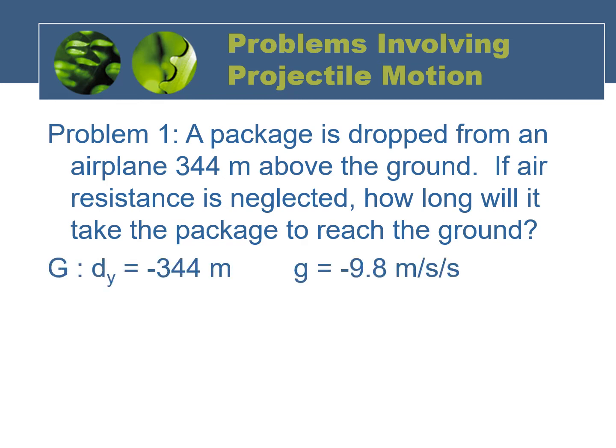The given are the vertical displacement, negative 344 meters since the package is falling down. Then the acceleration is negative 9.8 meters per second squared because it indicates that the direction of the acceleration is downward. For the required, it is the time it takes for the package to reach the ground.